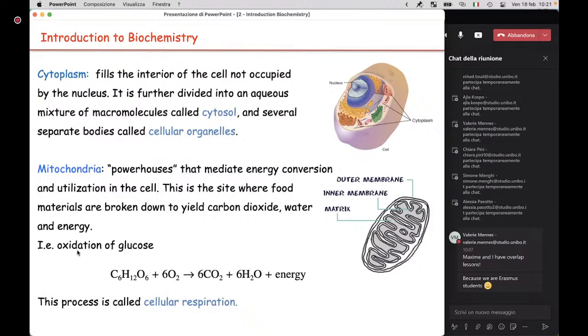Only redox reactions exist. Of course, this is true also here. This is a redox reaction, but the only part that is really interesting for us in this moment is the oxidation of glucose to carbon dioxide. But of course, at the same time, we have also the reduction, and reduction happens on the oxygen here, because oxygen is reduced from molecular oxygen to water.